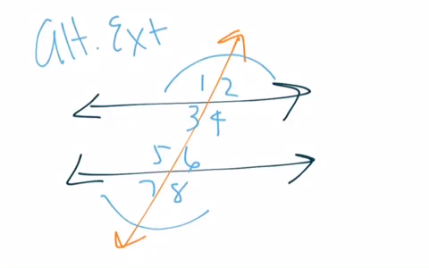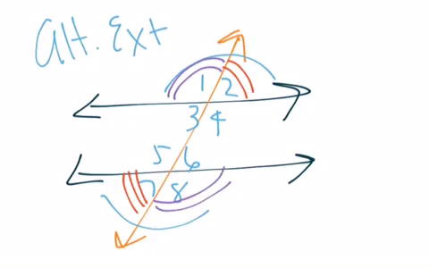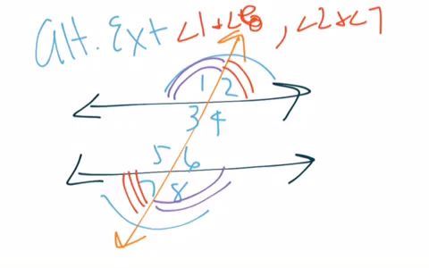They're on opposite sides of the transversal once again, so that would be 1 and 8, and then 7 and 2. Let me write that down: angle 1 and angle 8, and then angle 2 and angle 7.